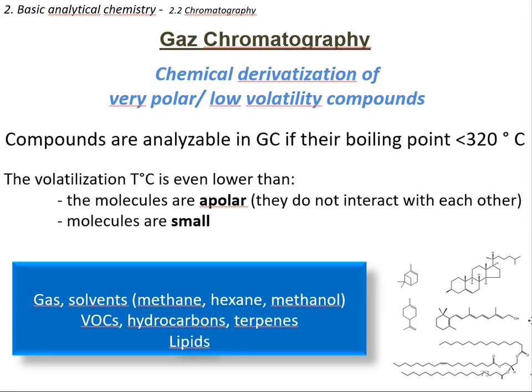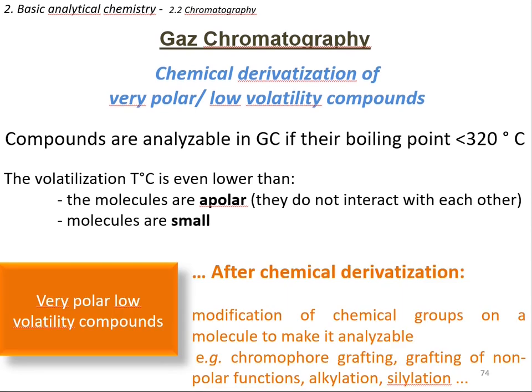So gas chromatography is very suitable for the analysis of gases, solvents, organic volatile compounds, hydrocarbons, terpenes, and lipids in general. But there is another way to analyze very polar compounds of small size, after chemical derivatization.